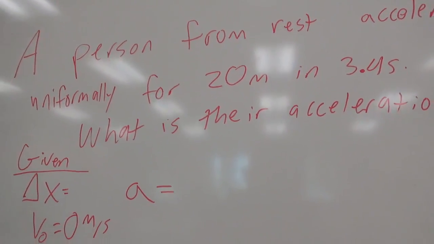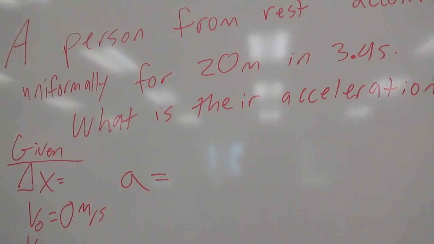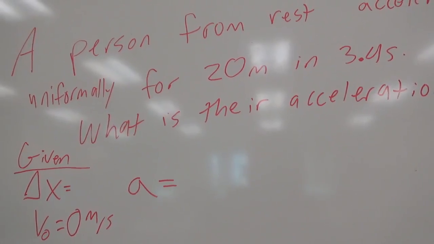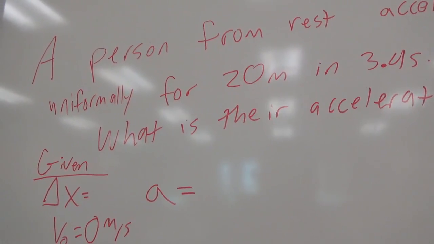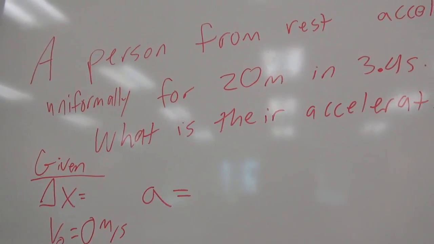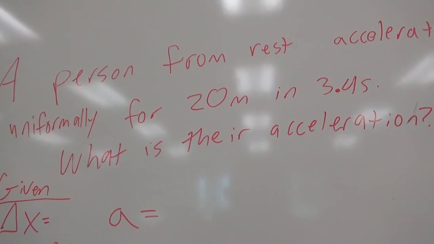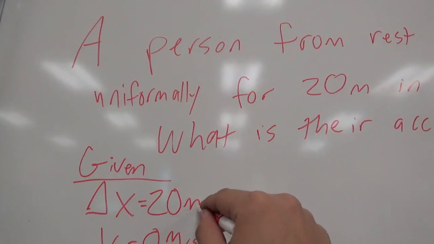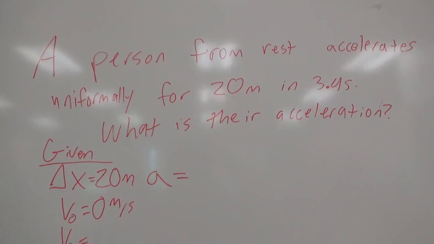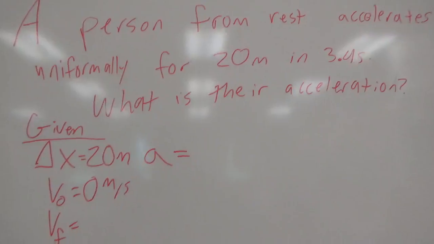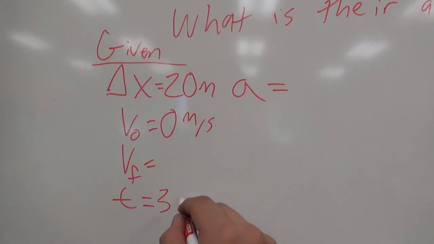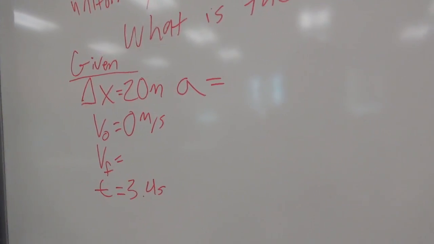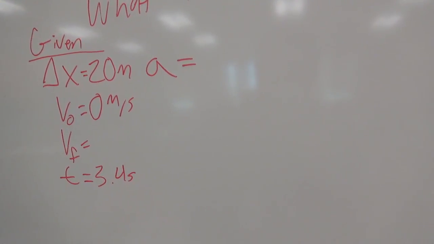That does not mean that the final velocity is 20 meters divided by 3.4 seconds. No, that's not right. Okay, this is not a constant velocity. Okay, they say it's for 20 meters, so they go about 20 meters. You got to be careful when you read these. And they do it for 3.4 seconds. Okay, so that's everything we got from our question.